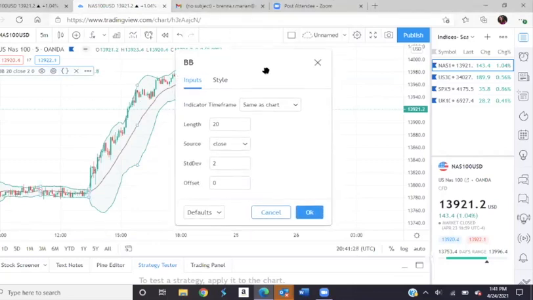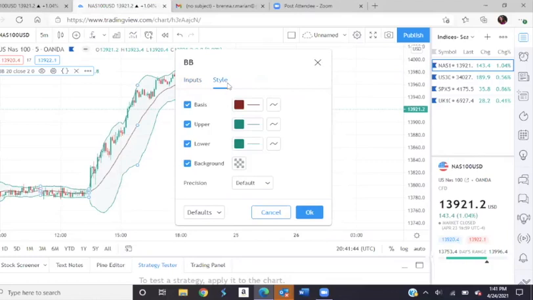Okay, so once again, the length is set to 20. The source is set to close. The standard deviation is set to 2, and the offset is set to 0. And you can just keep the style however you want.